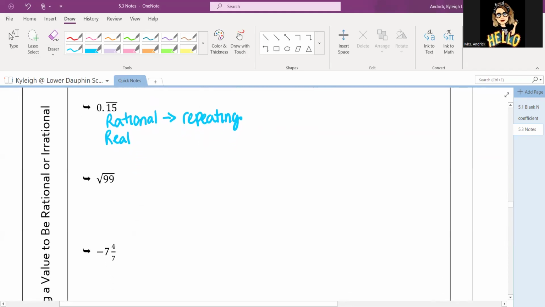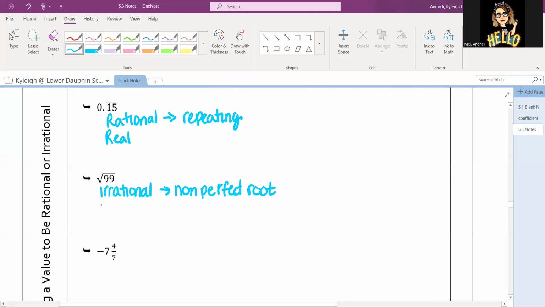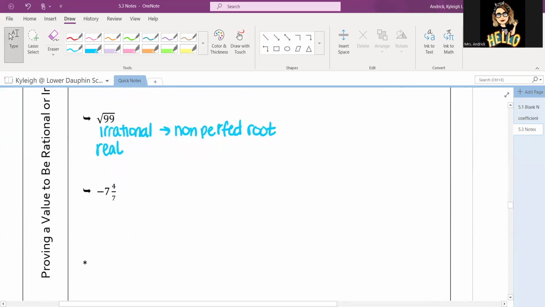The next one you have to figure out, is it a perfect square? Is it listed under your x squared row? Look at that quick. The answer is no. If it's not, it's irrational, because it's a non-perfect root. And if it's irrational, it's also real. All right, can you try the next one on your own?